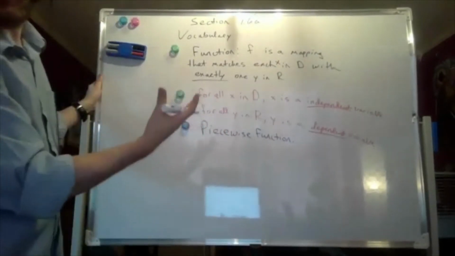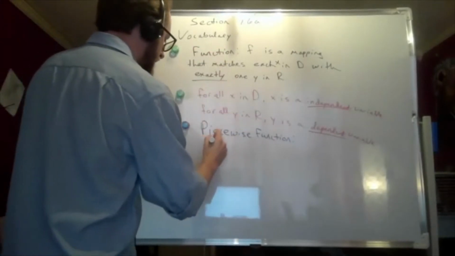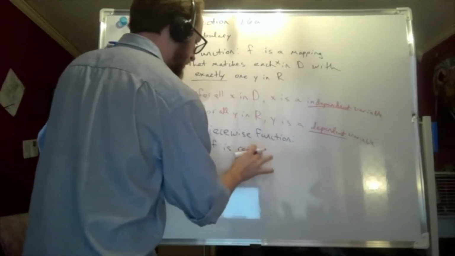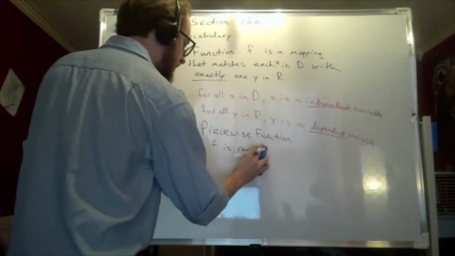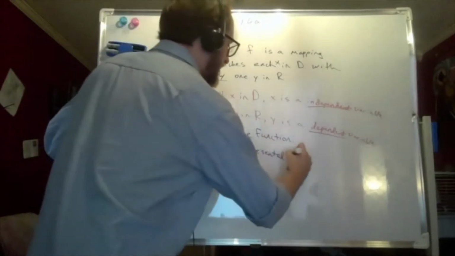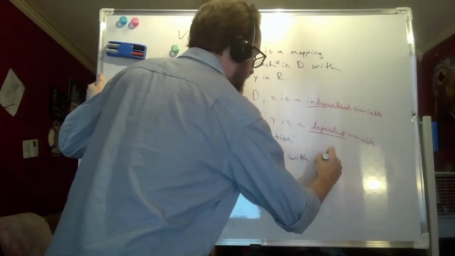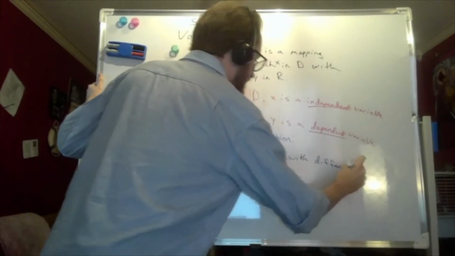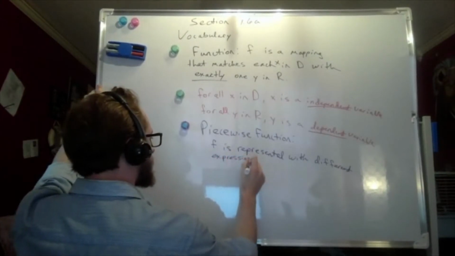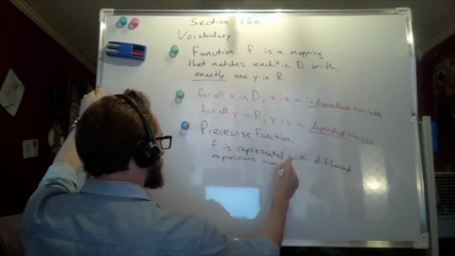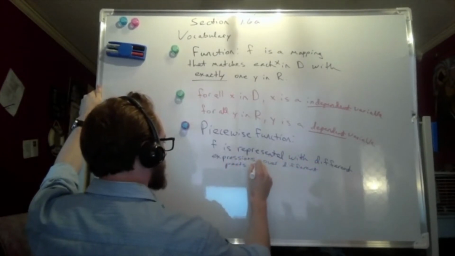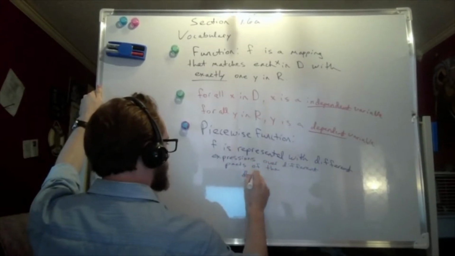So what we're looking at here is: f is represented with different expressions over different parts of the domain.